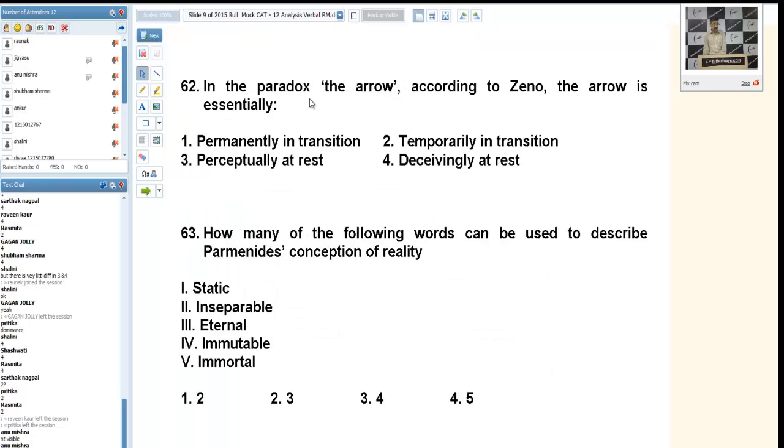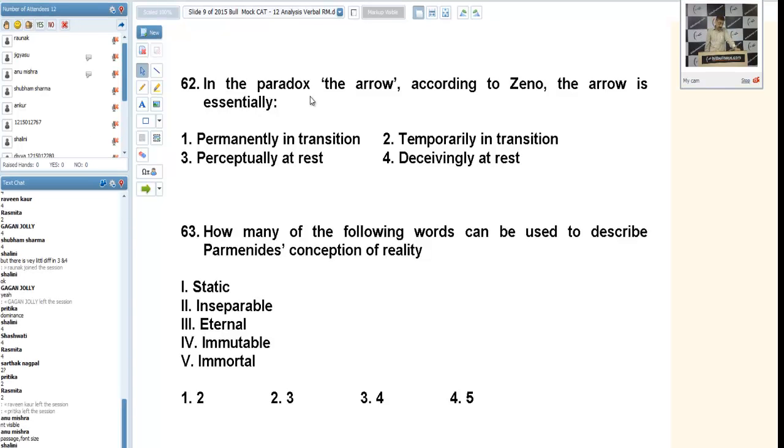Next question, 62nd. In the paradox of the arrow, according to Zeno, the arrow is essentially: first, technically wrong, permanently in transition, moving temporarily. Wherever you find transition, it is wrong. Perceptually at rest means you think that it is at rest, but it is not. Again, technically wrong. The philosopher proved that it is at rest, no doubt. When we see an arrow being shot from the bow, it moves and we see the arrow moving, but he proved that actually it is at rest.